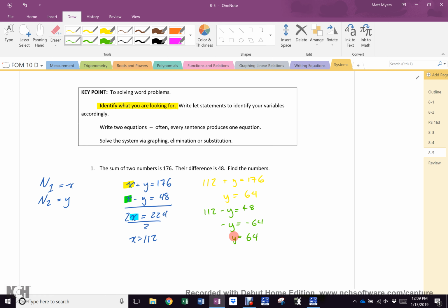You just perform CPR. Same thing here. Number 1 equals 112. Number 2 equals 64. Done. Because this is math class, not writing sentences class. Okay? Yes, sir.